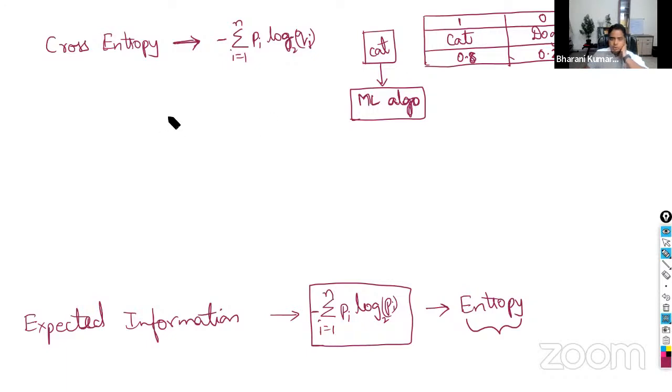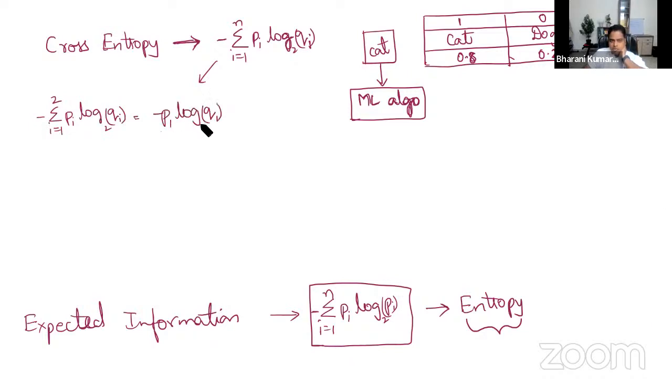Since you have a 2-class problem, you write it as minus summation of i equal to 1 until 2, pi into log of qi base 2. When you substitute i equal to 1, it becomes P1 into log of q1 base 2, minus, when you substitute i equal to 2, you get P2 into log of q2 base 2.